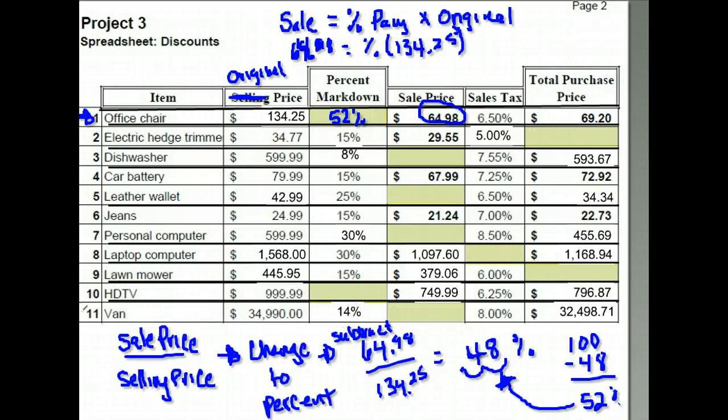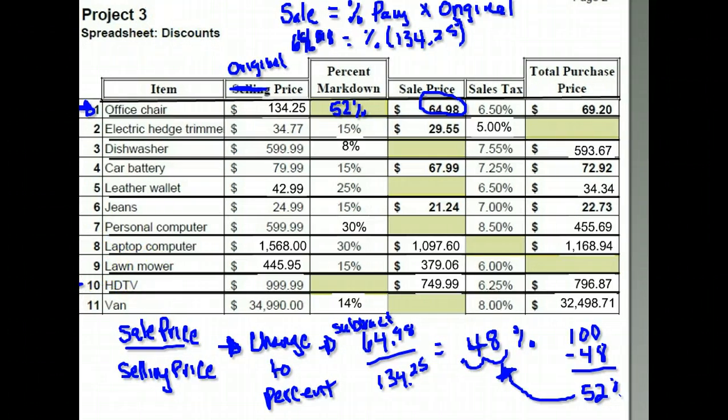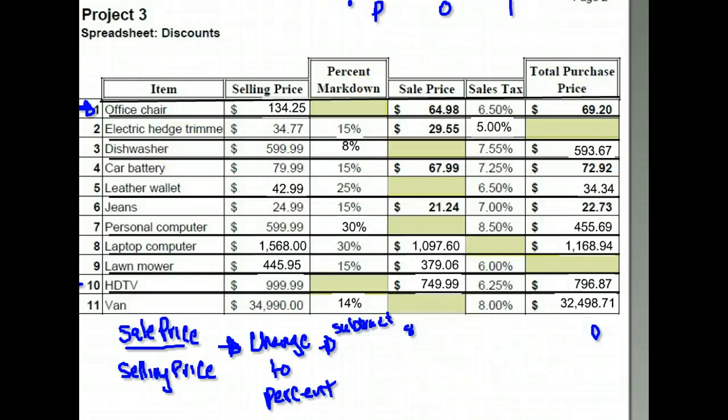So let's see, down here on number 10, we have that same situation. So let's go ahead and do number 10. I'm going to clear this top part off, and I'm going to clear this bottom part off too, so that we have room to work and find our answer.